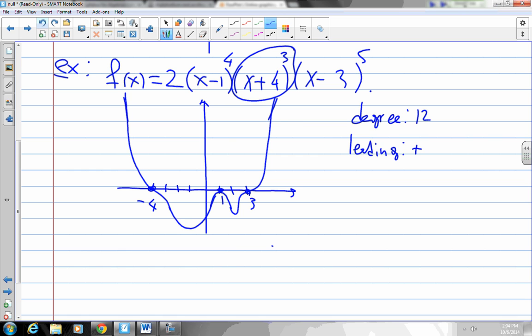And x equals 3 is a zero of this function with multiplicity 5. And basically, if it's even multiplicity, it will bounce off the x-axis. If it's odd multiplicity, it will go through the x-axis. It will kind of wiggle through the x-axis. If it's 1, then it goes like linear. Does that make sense?